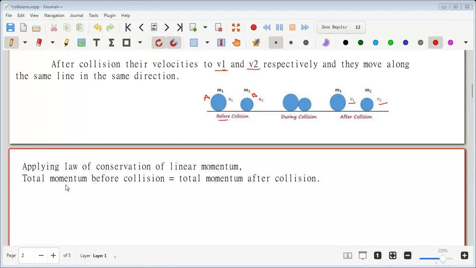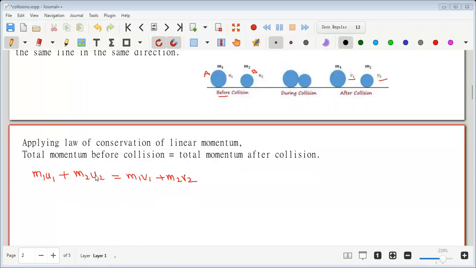Now apply the law of conservation of linear momentum. The total momentum before collision is equal to the total momentum after collision. So before collision, m1 u1 plus m2 u2 is equal to, after collision, m1 v1 plus m2 v2.